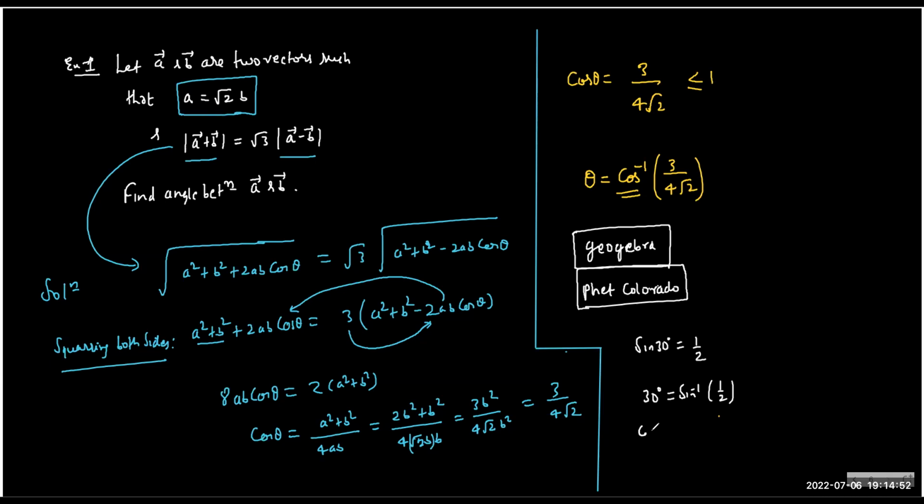So if I ask you what is cos 45 degrees, you can say 1 by root 2. So 45 degrees can be written as cos inverse applied on the number 1 by root 2. That's the meaning of inverse function. An inverse function is a function which, when operated on the value, gives back the angle.